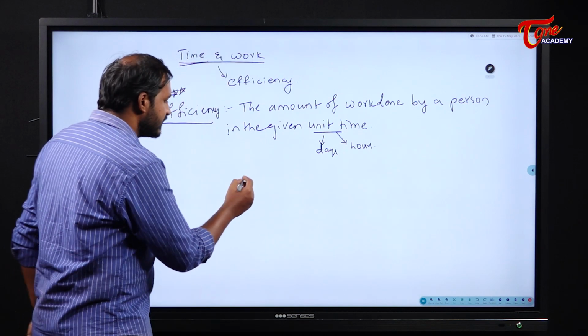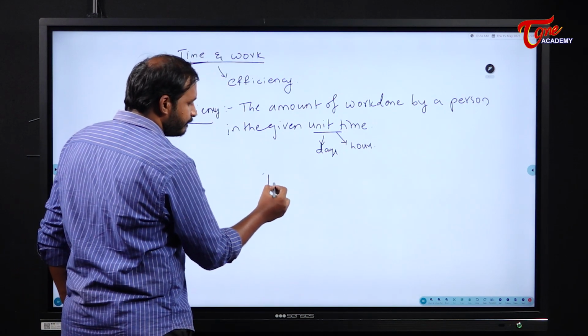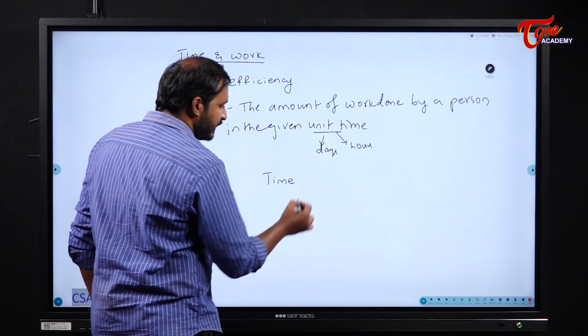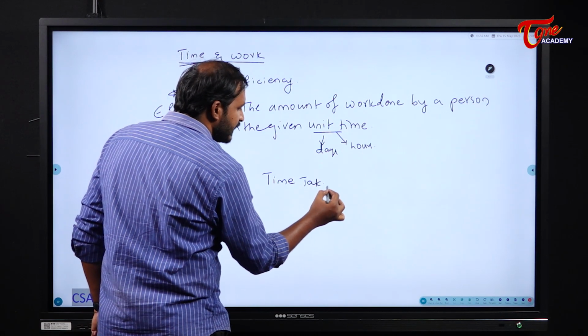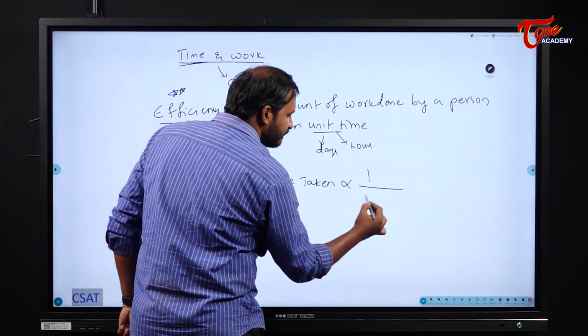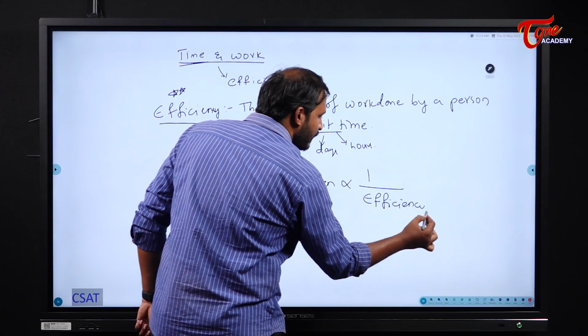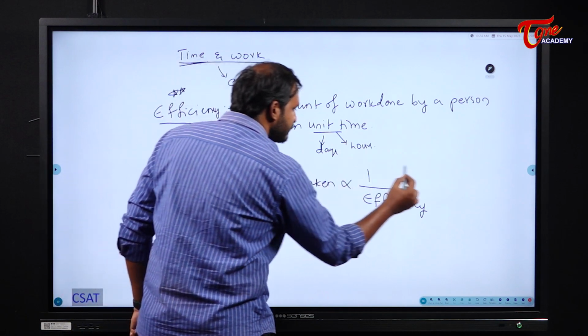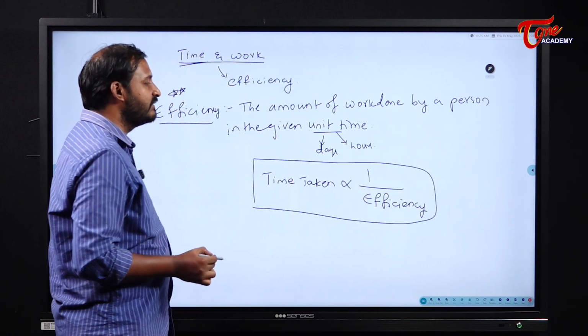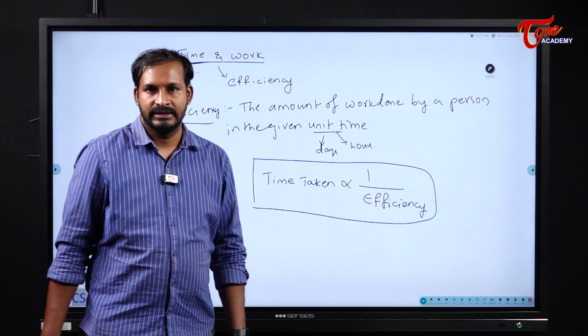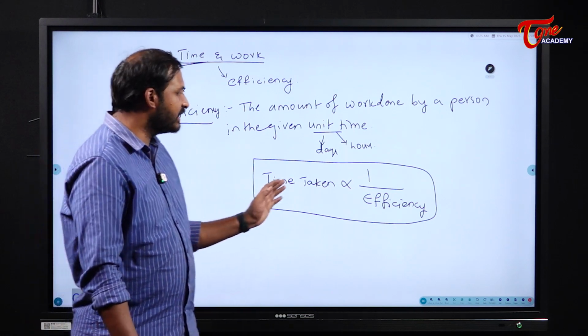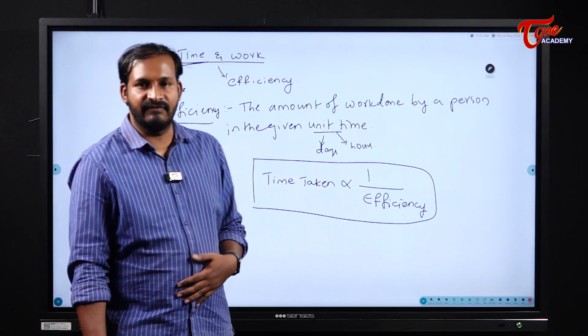That means time taken is inversely proportional to the efficiency. Or else we can say that efficiency is inversely proportional to time taken. So, time taken is inversely proportional to the efficiency.